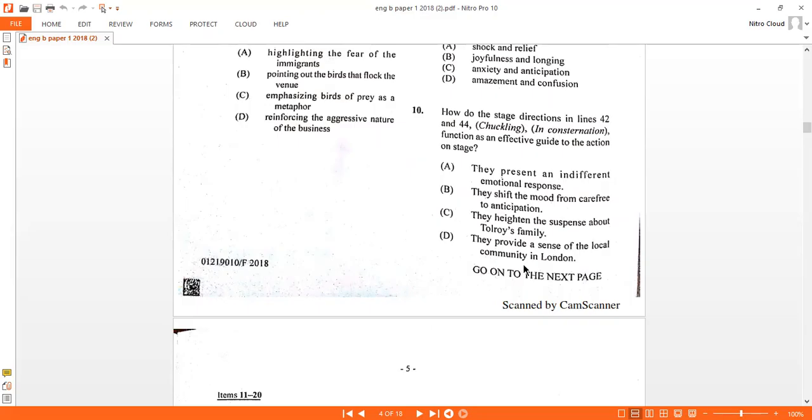Now, chuckling means that he is in a happy mood, and then the next character is anxious. He is shocked, he's beyond disbelief, which means that the mood has changed. So the answer for number 10 would be B, a shift in the mood from carefree to anticipation.